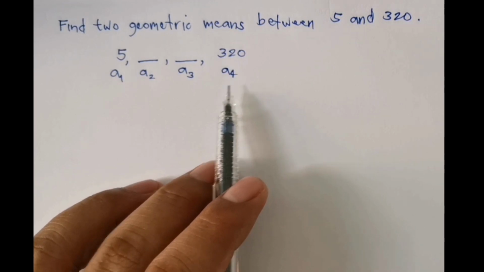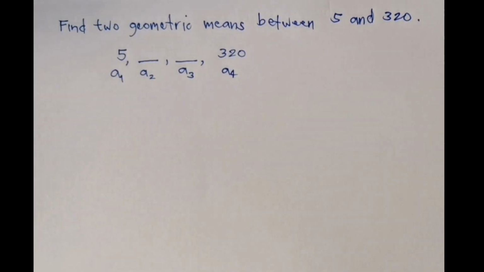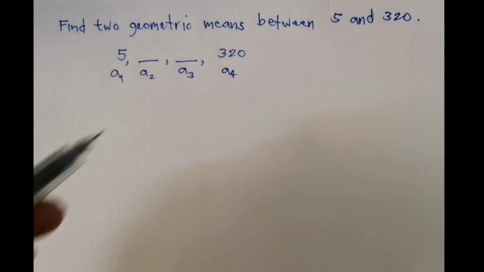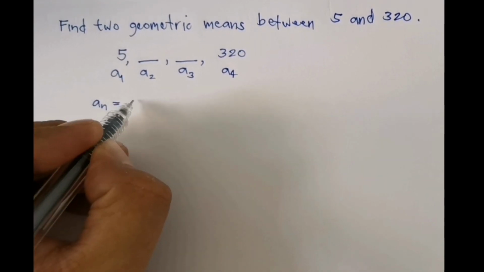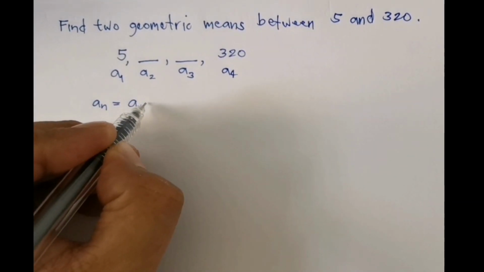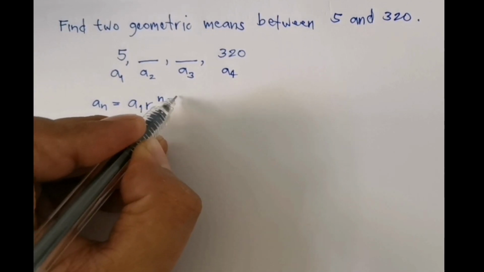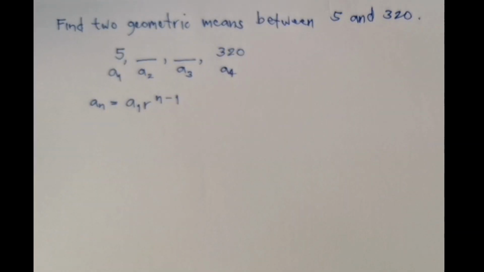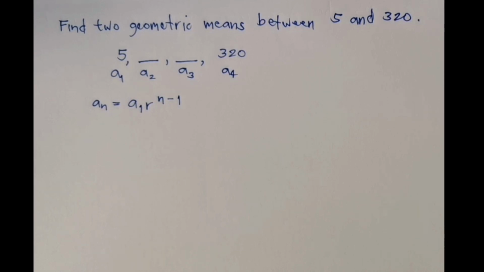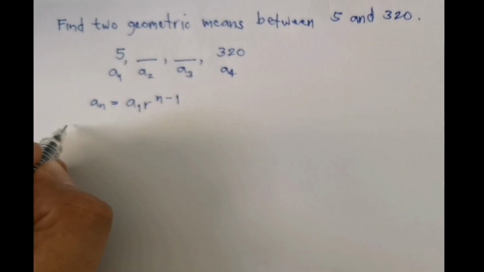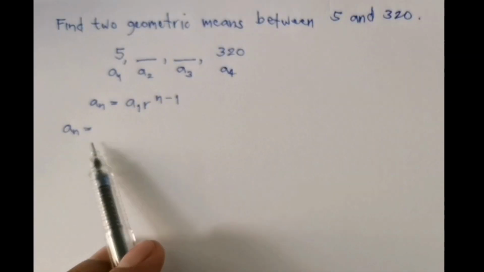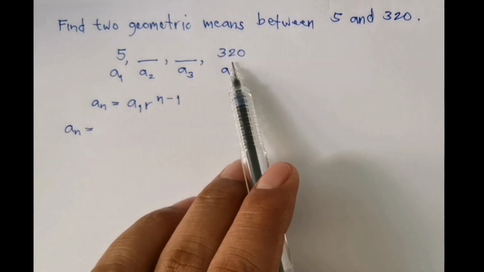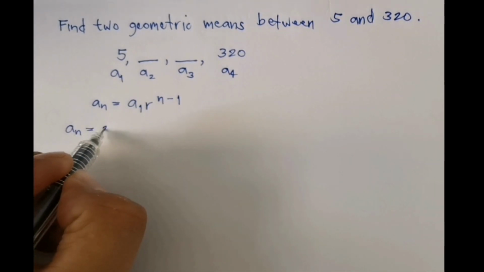Okay, so if we know the common ratio, it is easy for us to supply the missing terms. So what we are going to do is to solve for the common ratio using the geometric sequence formula. Recall, a sub n is equal to a sub 1 times r raised to n minus 1. So this time, we will be needing the value of a sub n. In this case, the value of a sub n is the last term, which is 320.